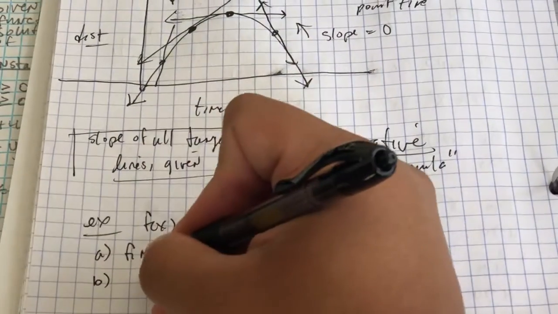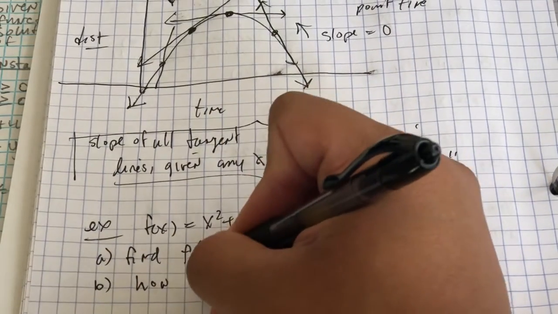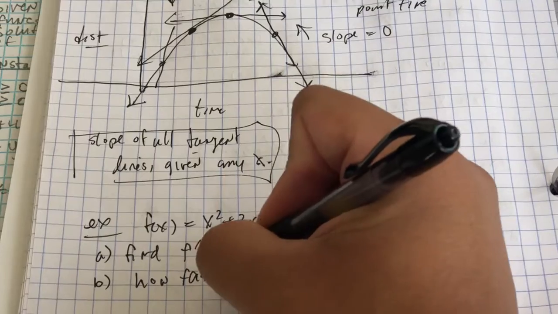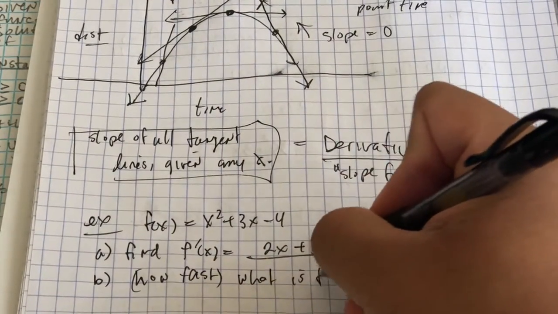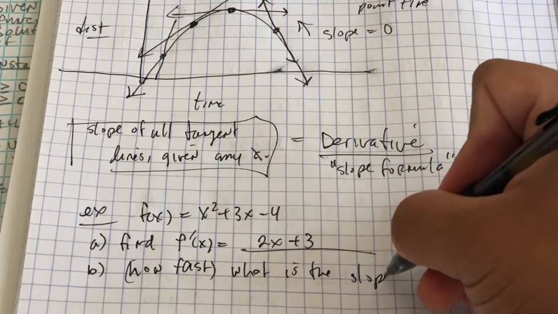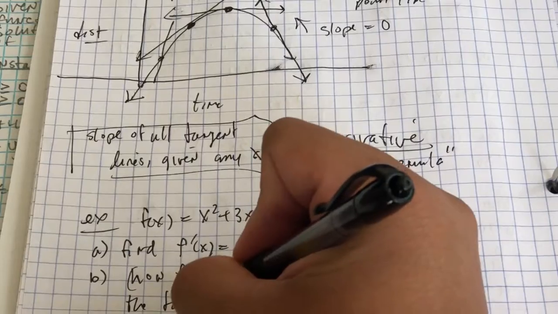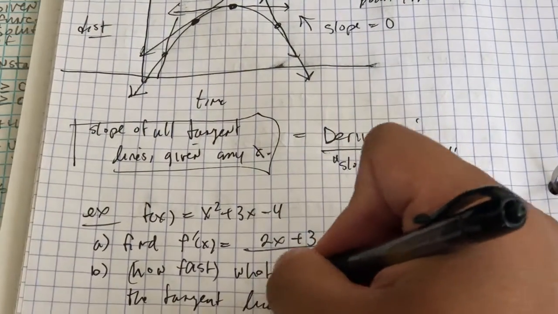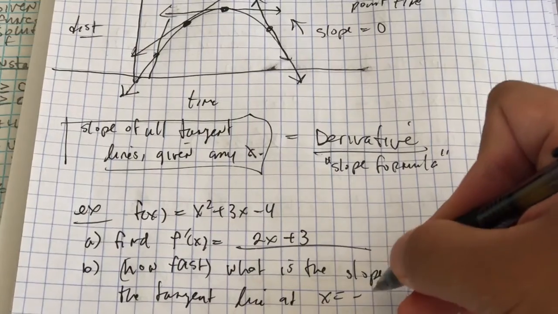And then you can ask, if it represents a ball, for instance, what is the slope of the tangent line at x equal to -4?